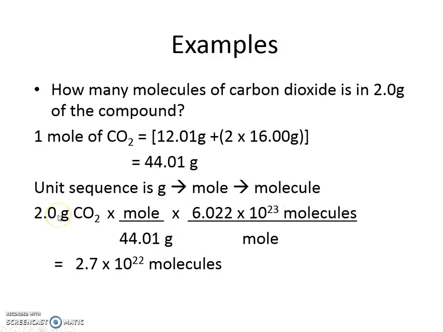So we're going to go from 2 grams of carbon dioxide, gram to mole, remembering that it's 44.01 grams, and then from mole to molecule, remembering that Avogadro's number is always used with either atoms or molecules. And so this gives us, once we do the math, 2 divided by 44.01 times 6.022 times 10 to the 23, it gives us 2.7 times 10 to the 22.